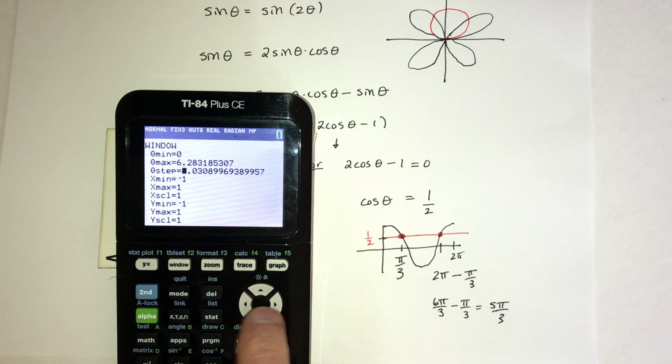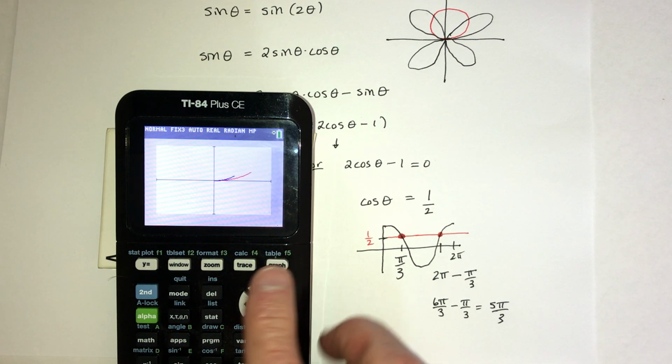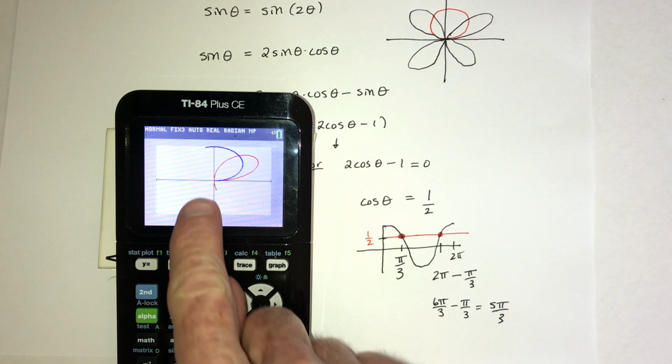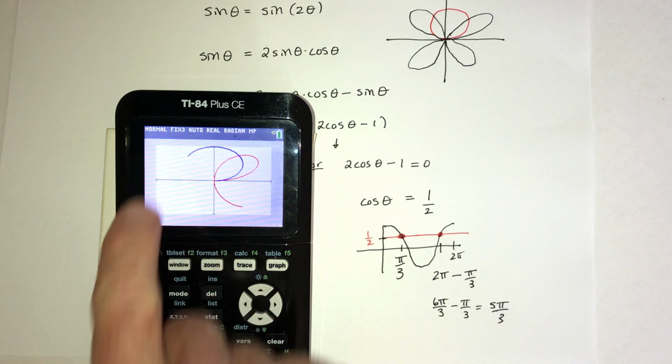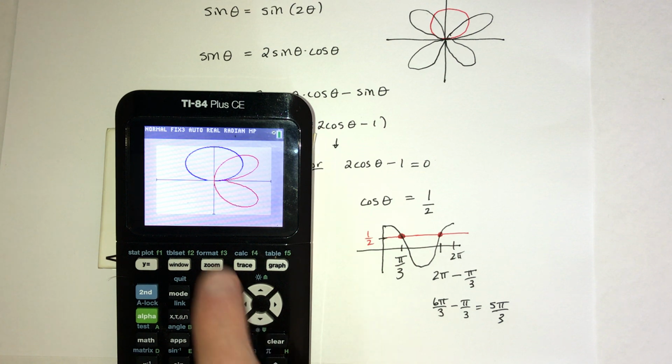Then have the graph slow down, so make this a small number like 0.01, and then watch and see, do they get to the same place at the same time? So they started at the same place, and right there, yes. So right there, that one went through the origin, but that one did not. And then they meet at the origin.